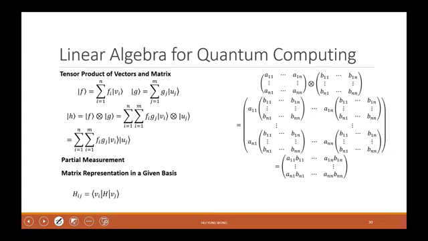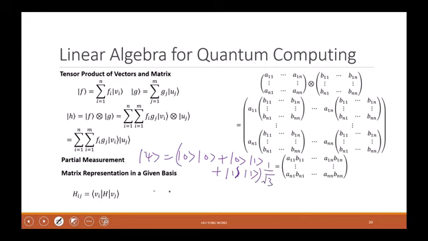For example, let's just quickly say psi equals 00 plus 01 plus 11. Okay, and if I normalize it, it should be 1 over square root 3.